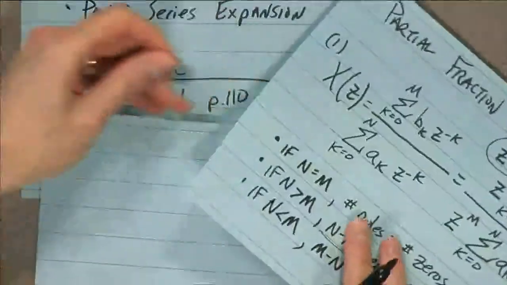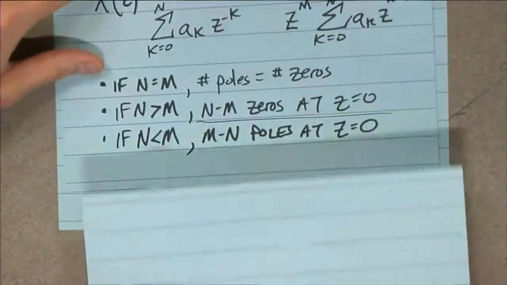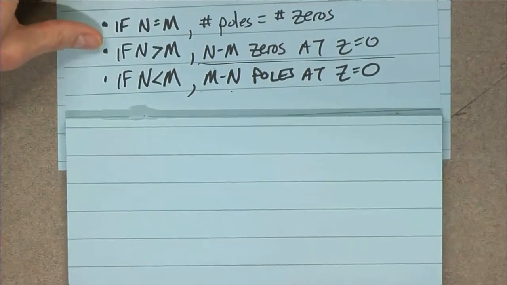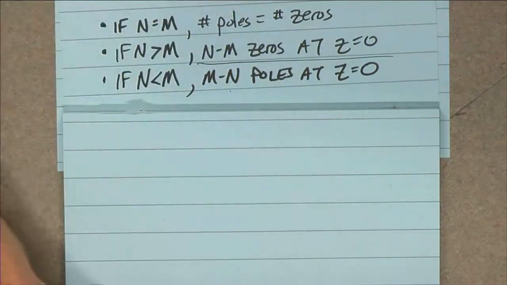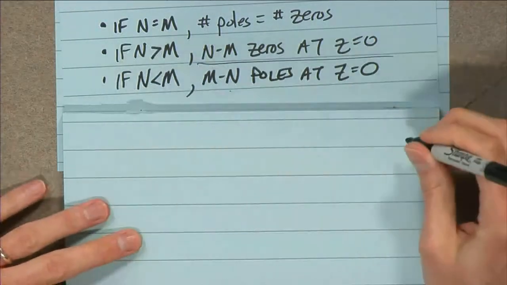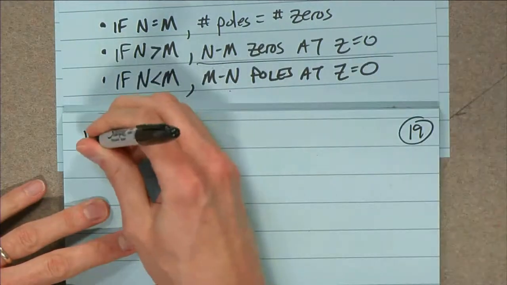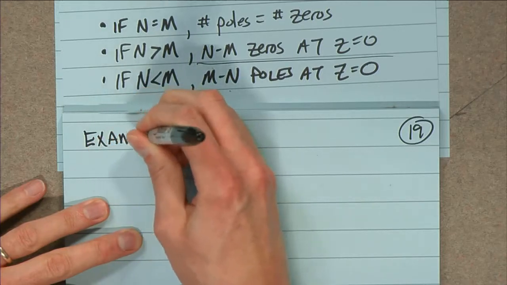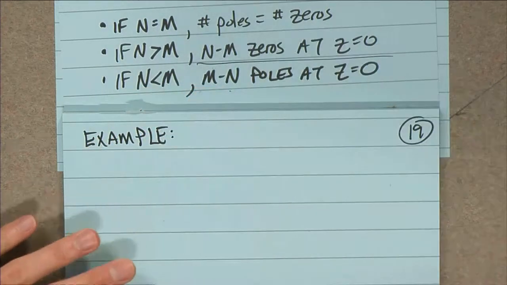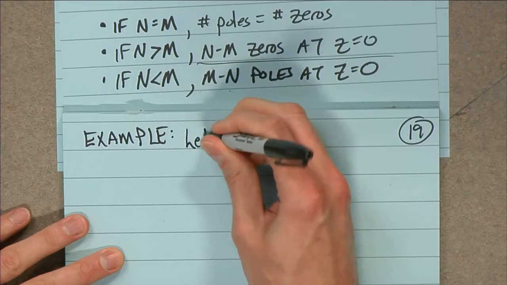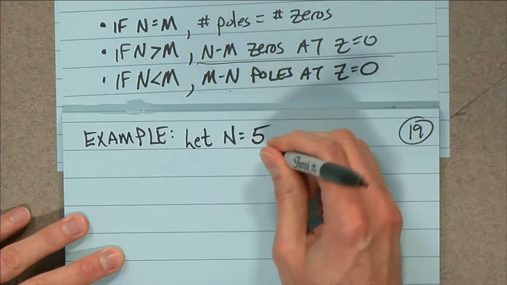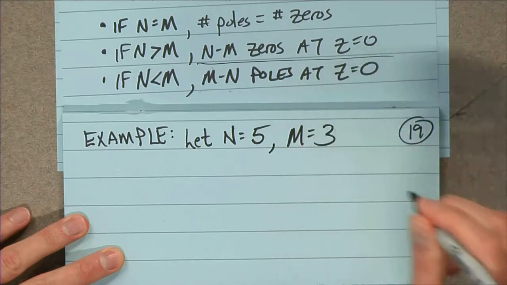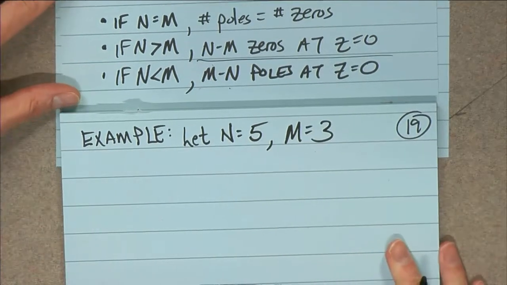I think we'll do an example to kind of show how we're thinking about it here. So let's do an example. So let's let n equal 5 and m equal 3. Just plug it through and see what happens.